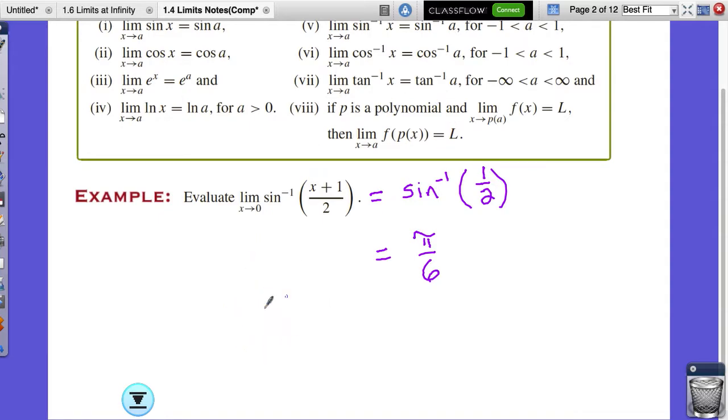When we're looking for answers, if we wanted to talk about the range of the inverse trig functions, the range of arc sine or inverse sine is going to be just between -pi over 2 and pi over 2.